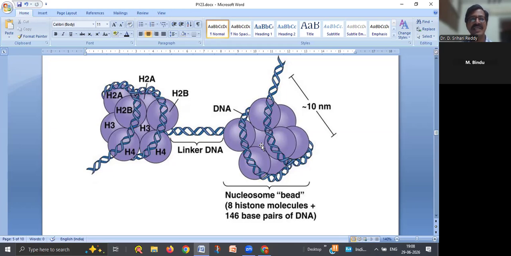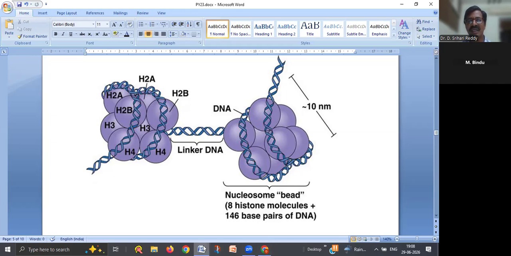So the question is, what is the length of the DNA? DNA length is measured with respect to base pairs. How many base pairs are there? It indicates the length of the DNA. So in each coil, you see the 146 base pairs of DNA in the nucleosome.